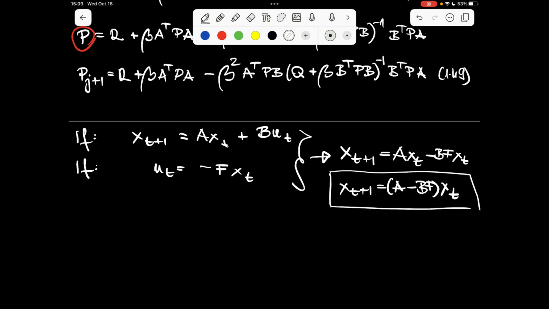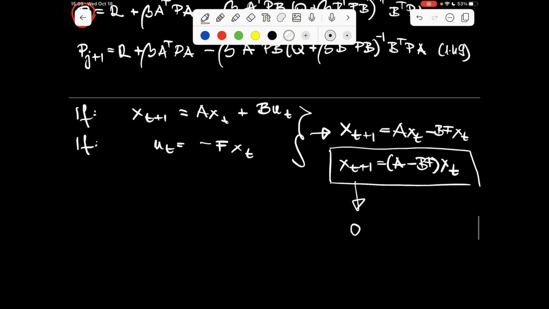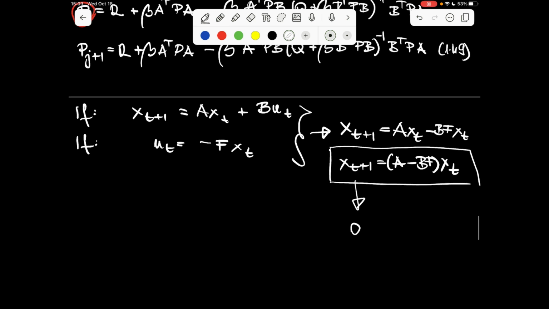If it is convergent, it converges to 0, because this is the only option in terms of convergence.